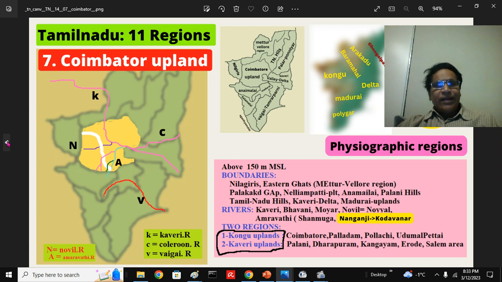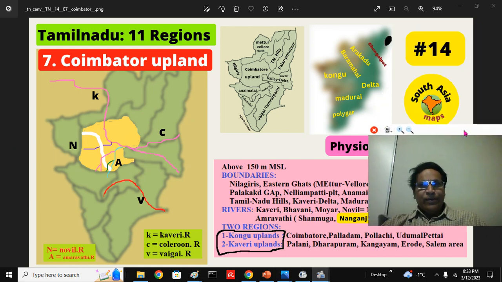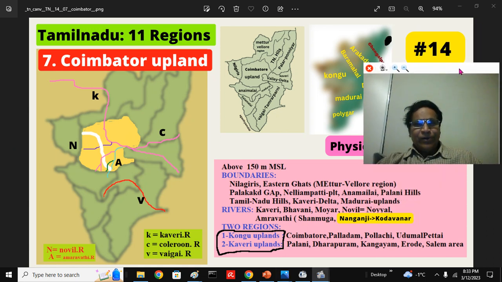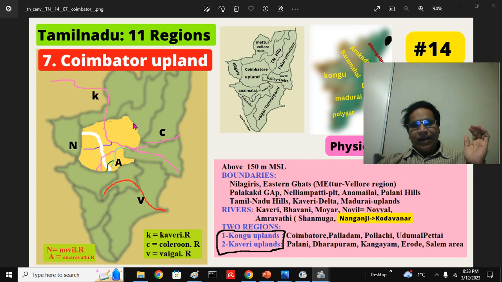These are the landmarks you should keep in mind whenever you are looking at this presentation. The sacred Kaveri River and its major distributary downstream, Kolerun or Palladam. I have put all the spellings here, not just pronouncing and leaving you. I have taken the effort so that the audience will get a good benefit out of the presentations, for the time you spend listening to me.